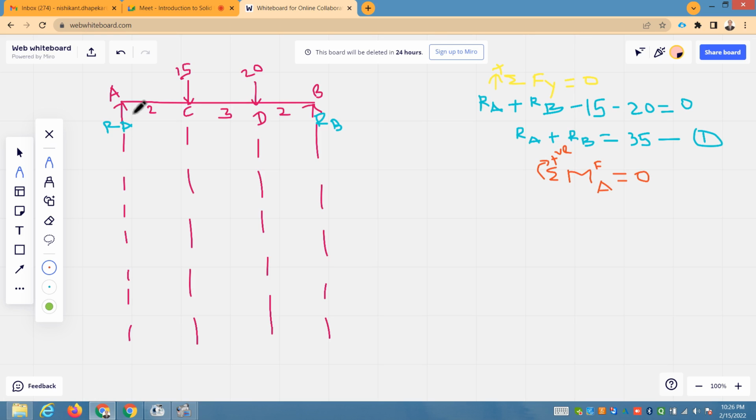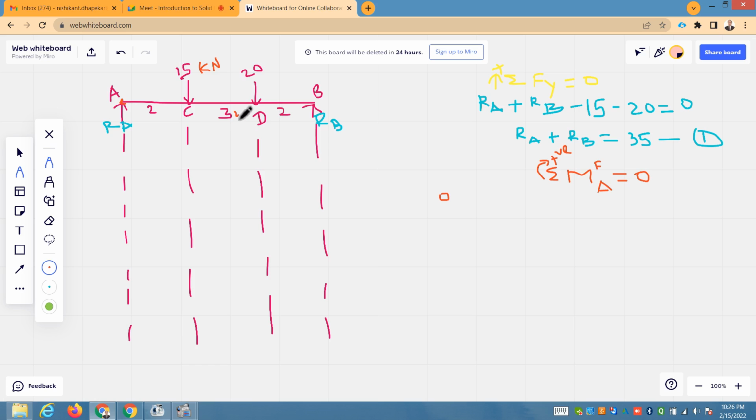So if we will apply here at point A, Ra will give no moment because it is itself passing through point A, no lever arm is there, so it will be equal to 0. See this 15, you assume that your forces are in kilonewton and your distances are in meters.